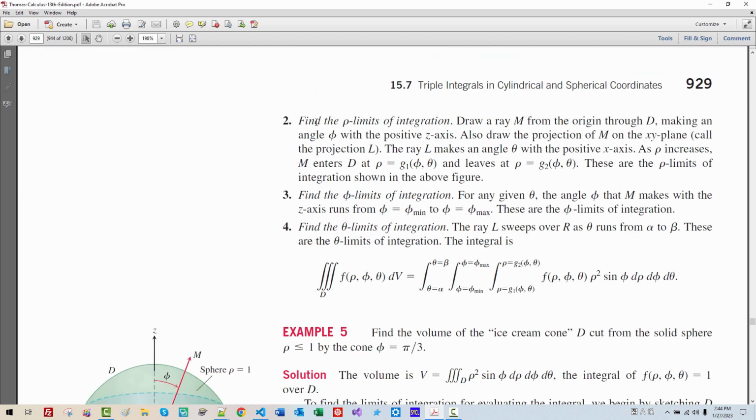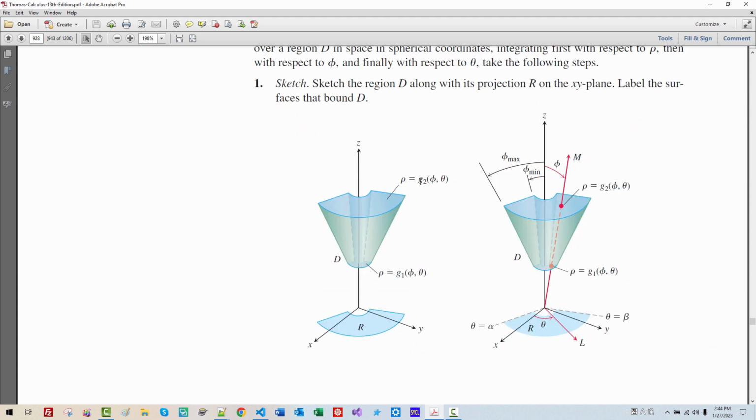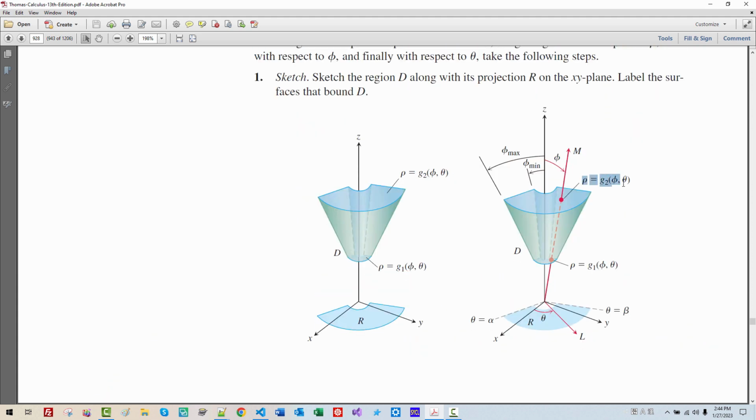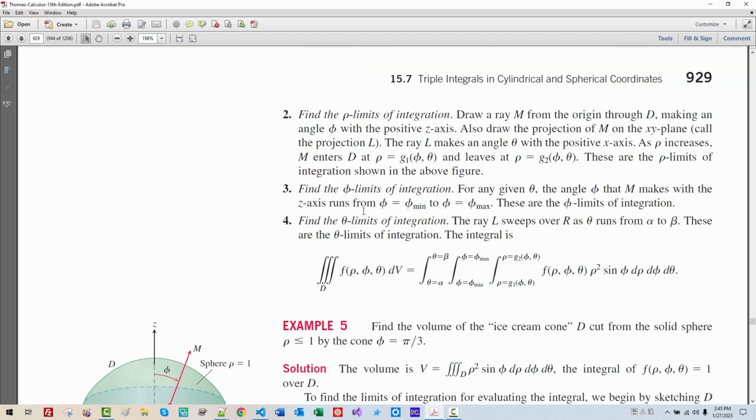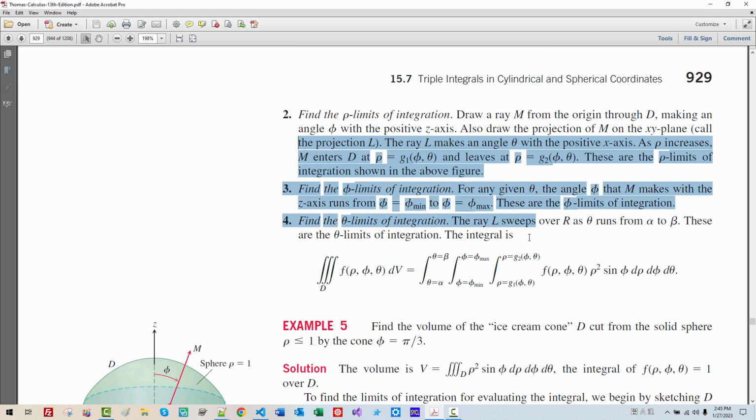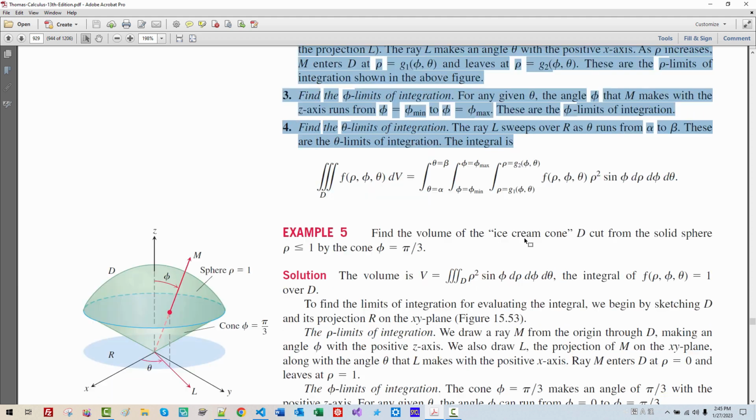Then find the rho limits of integration. So these are the rho limits, lower bound and upper bound. I assume you read this text very carefully. I will not read it for you.